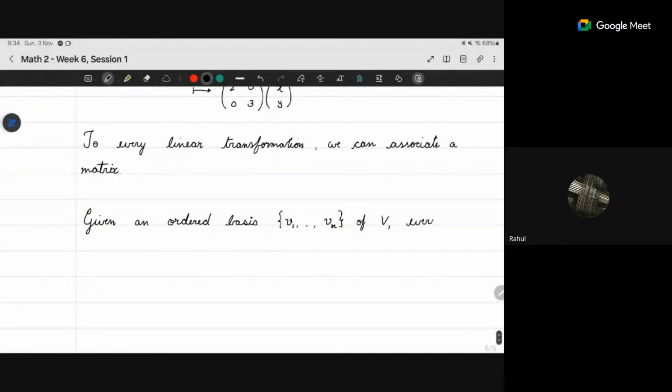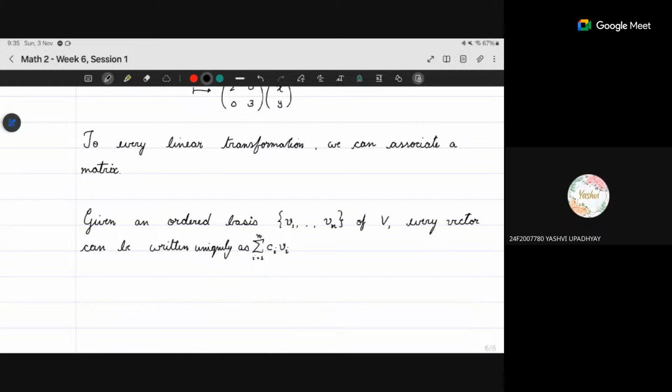every vector can be written as some unique linear combination. You should know that this is a unique linear combination. Why? Right? This is fine.